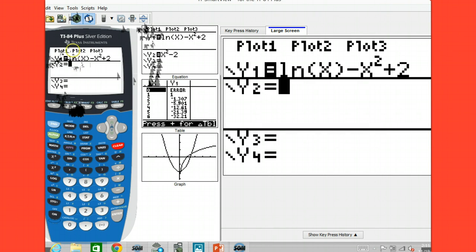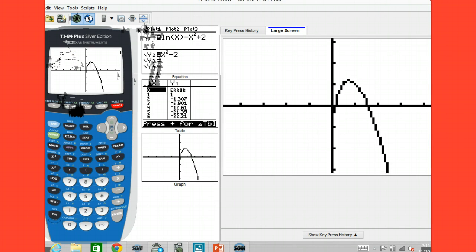All right, so now when I graph, remember that solution, root, 0, x-intercept, all synonymous terms. So what I would be looking for here is the x-intercept. And so again, you can see one here and you can see another one over here.